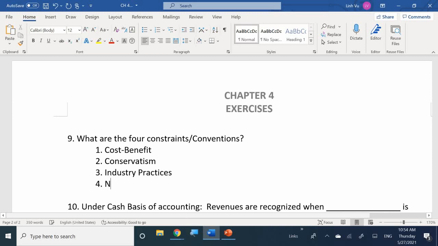Materiality. Yes. Determining whether a transaction is significant enough to journalize, right? Materiality. There you go.